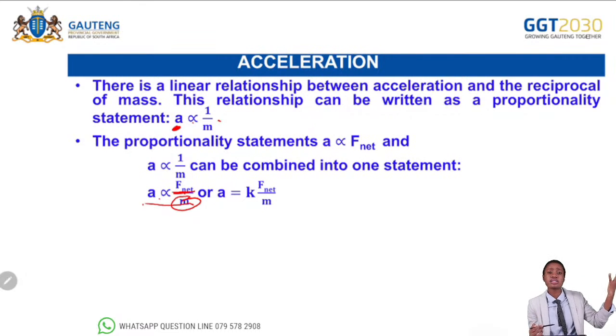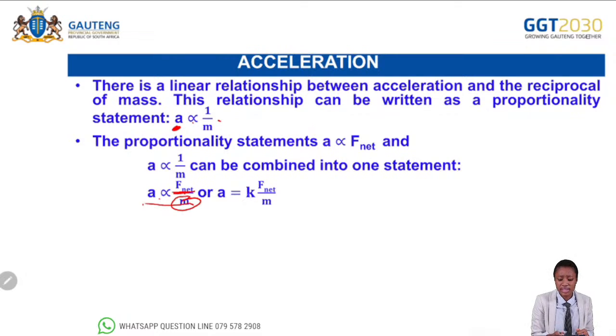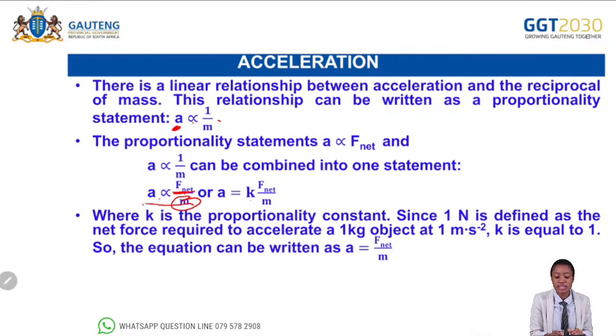Or we can represent it by saying a = k F net divided by the mass, where k is the proportionality constant. And since 1 N is defined as the net force required to accelerate a 1 kg object at 1 meter per square second, k is equal to 1.